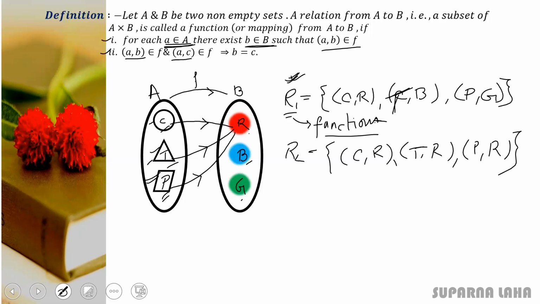Now if elements (a, b) and (a, c) are present, then b is equal to c. That means every element has only one image. C has one image R, T also has one image R, and P also has one image R. Now look at that. Both conditions hold, so we can say that this is a function.